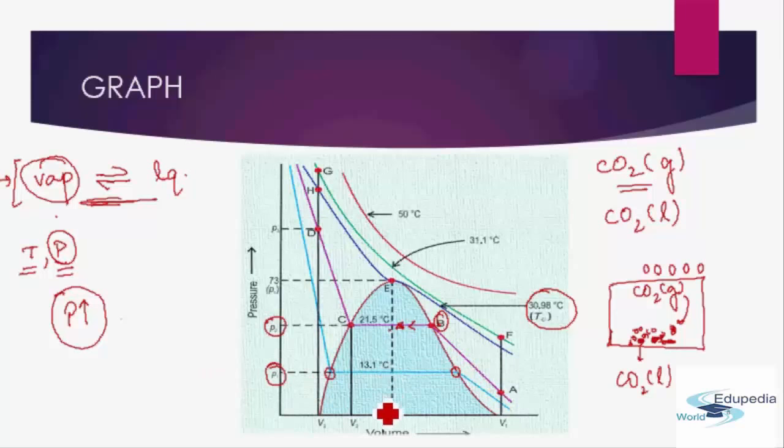And as you keep on decreasing temperatures, the threshold pressure will obviously keep on decreasing, and the length of the horizontal portion keeps on increasing. The length, you can say, indicates the amount of time spent in the equilibrium phase.